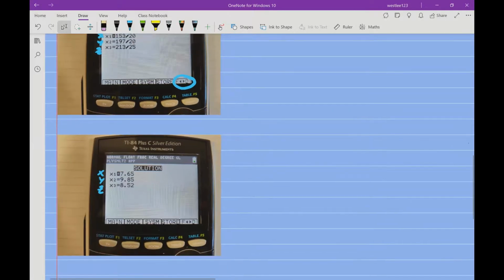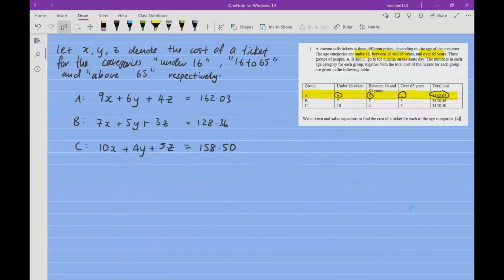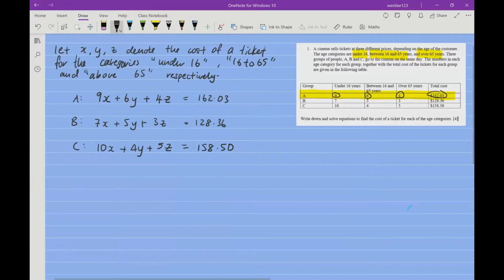Okay, so let's bring those values back to our working. Using GC, X is 7.65, Y is 9.85, Z is 8.52.